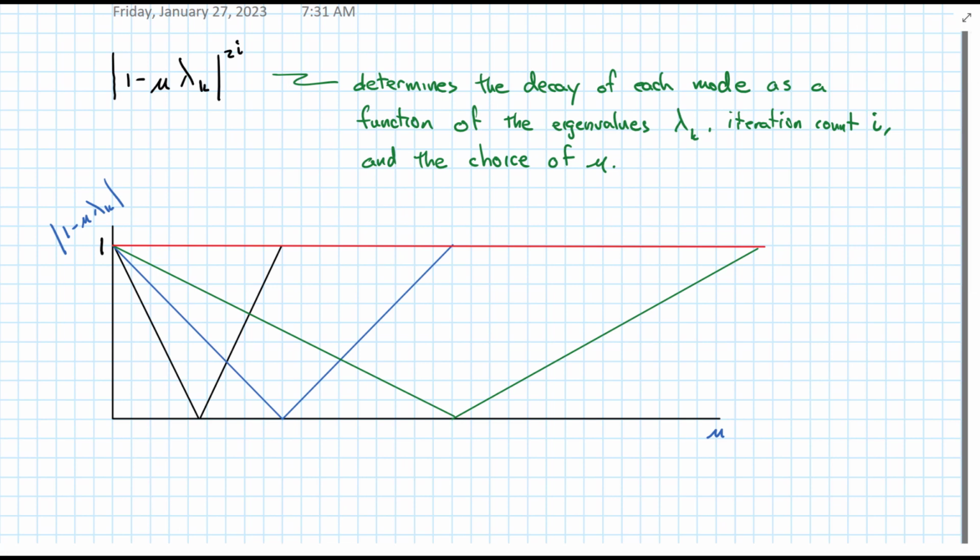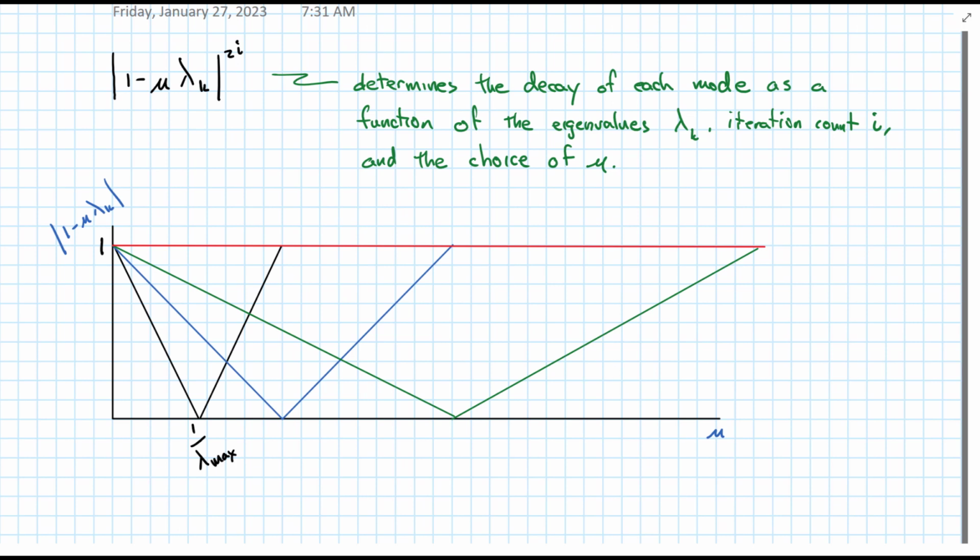So as we increase mu, since our lambdas are all positive, that's going to decrease the value of 1 minus mu lambda k. When we reach this point, right here, we're going to have 1 over lambda max.